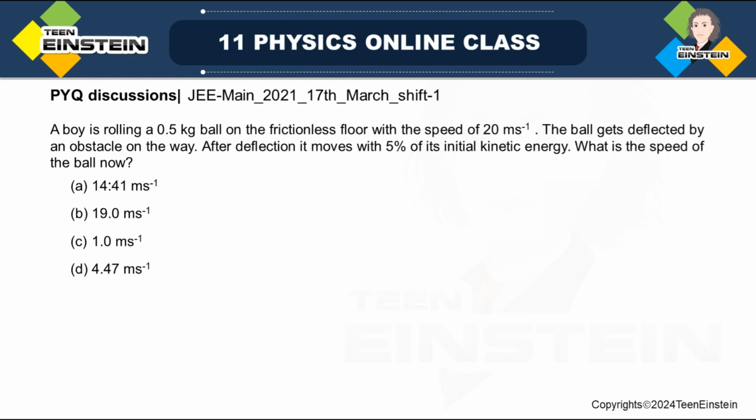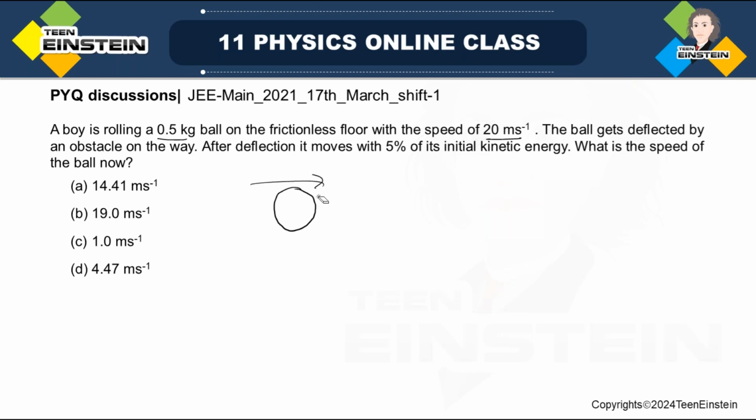This problem is very simple. Let us see, a boy is rolling a 0.5 kg ball on the frictionless floor with the speed 20 meter per second. So a ball is rolled in a frictionless floor.